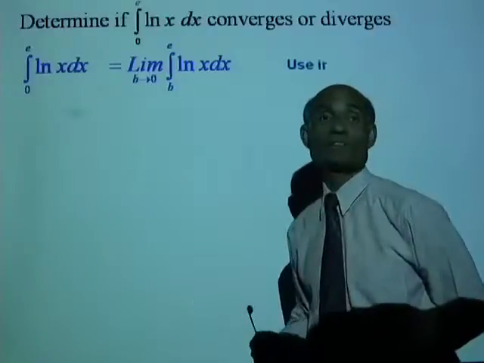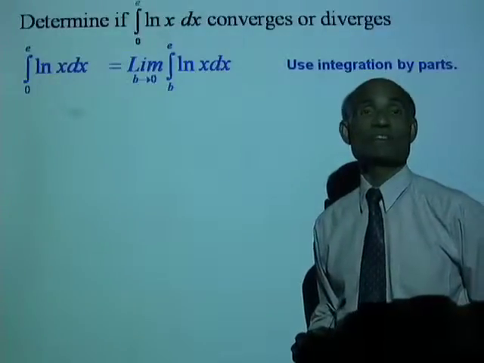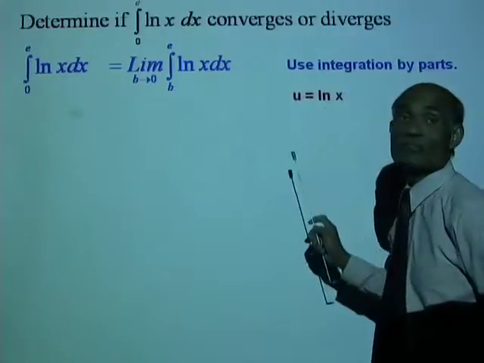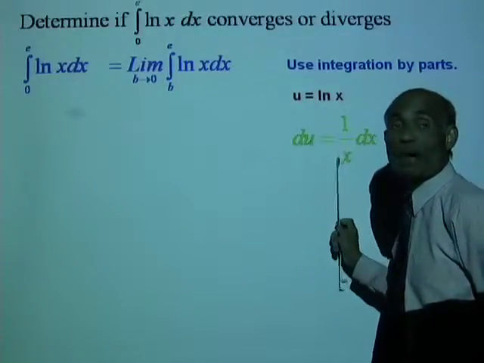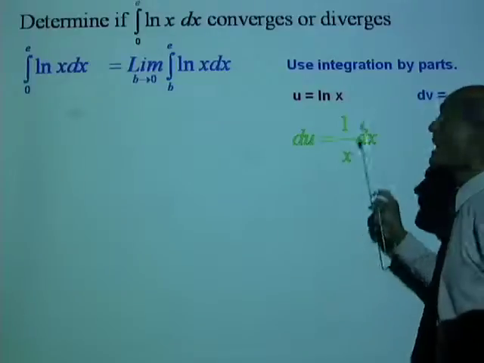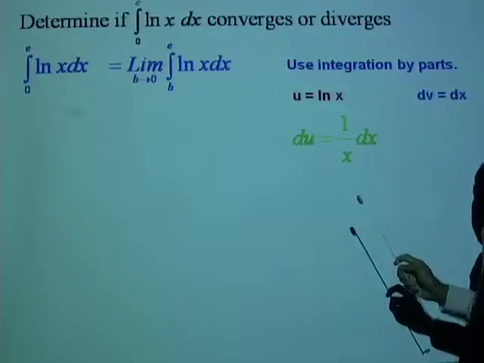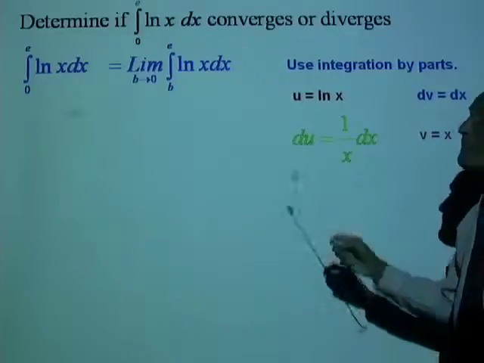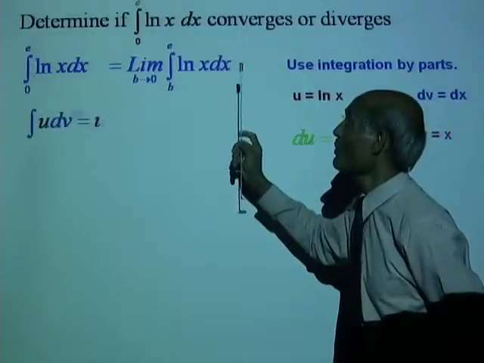Well, now you know how to integrate ln x dx. You use integration by parts. u is ln x, du is 1 over x dx. Our dv is dx, therefore our v is x. And what is that integral therefore?